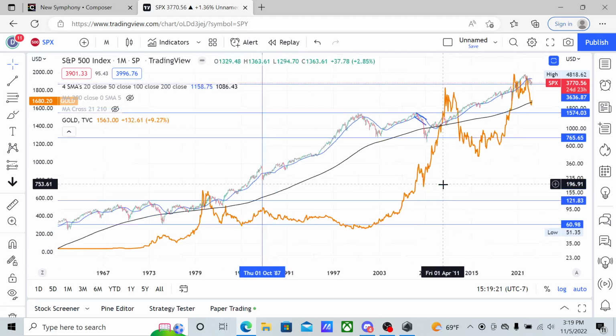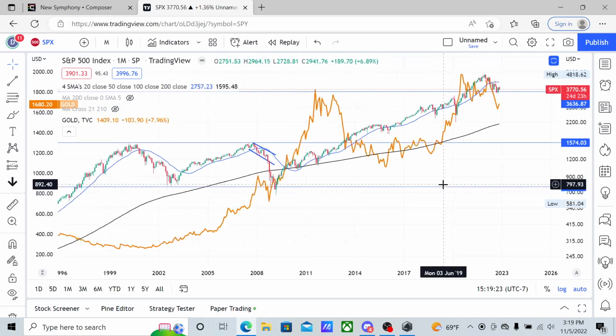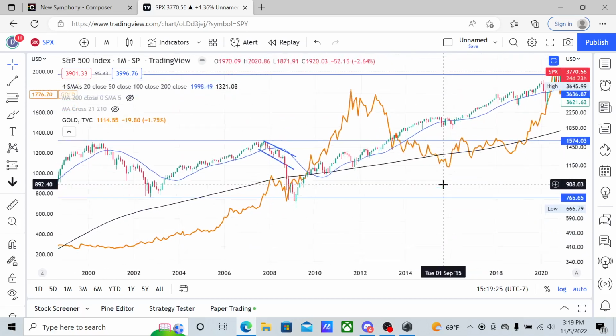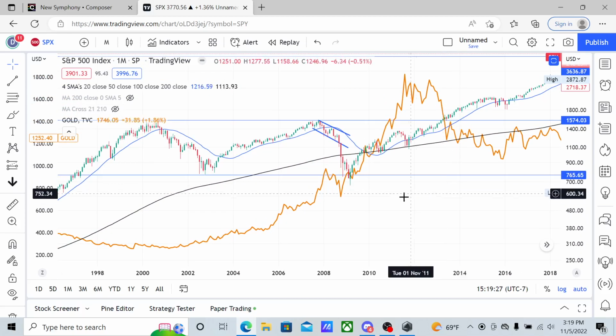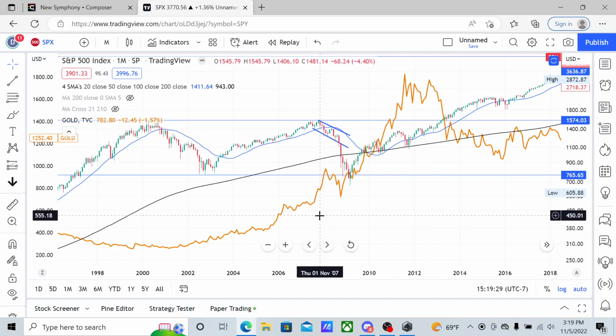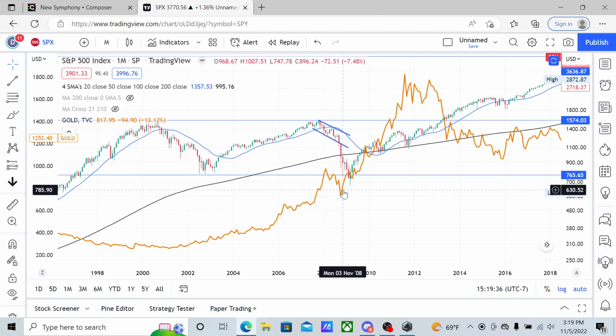So for example, now this is a monthly chart, keep in mind. Right around the 2008 crisis, as the market was in decline, gold started to trend upward.